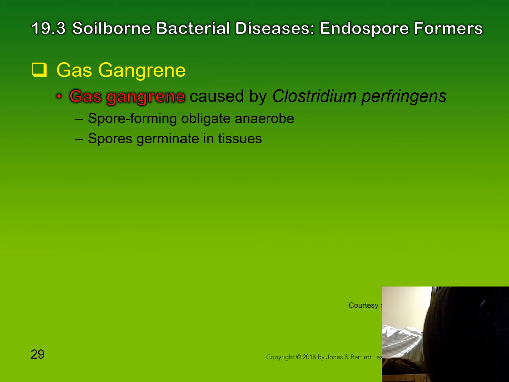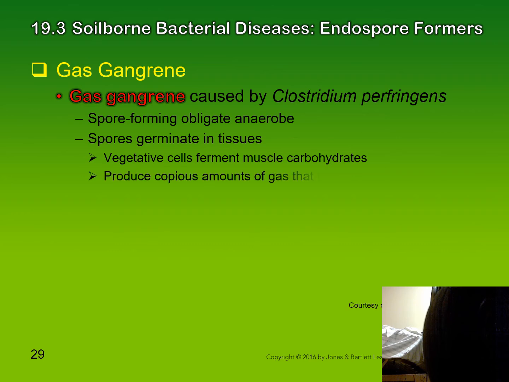The spores germinate inside of your tissues, and the vegetative cells ferment muscle carbohydrates, and so that's where you're producing the gas, from the fermentation of the carbohydrates. You produce a huge amount of gas, which will end up tearing the tissues apart.